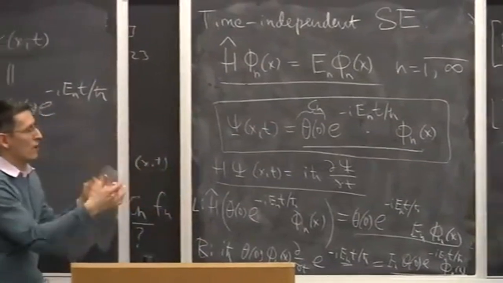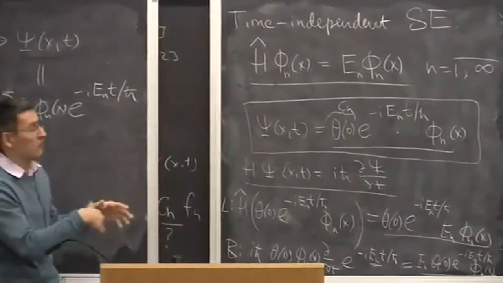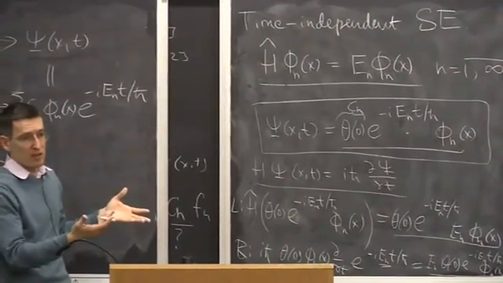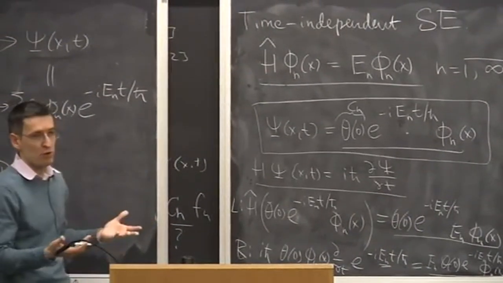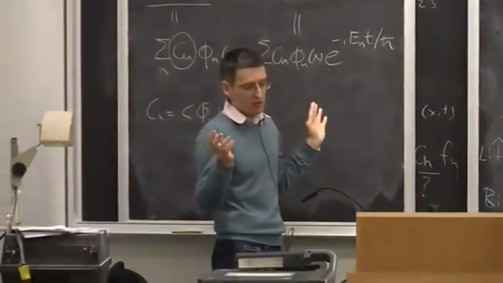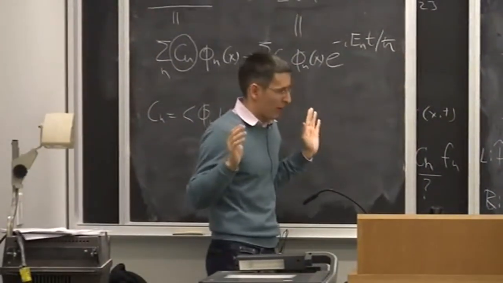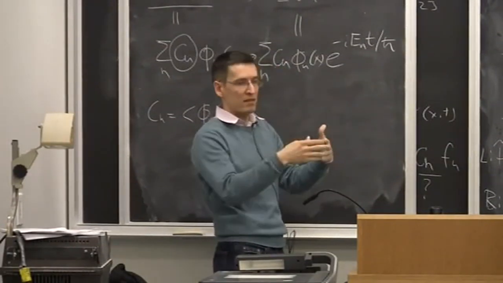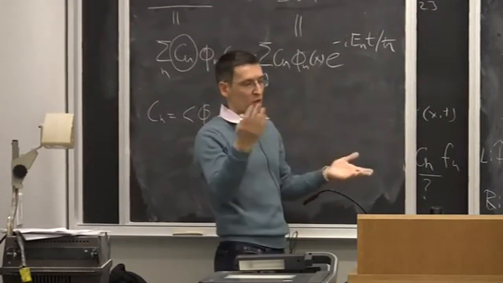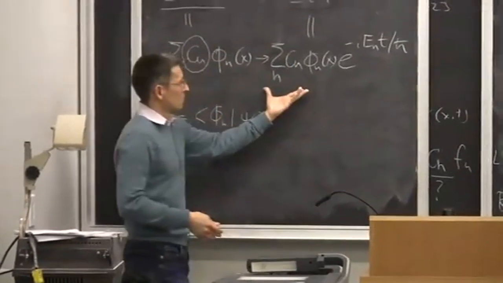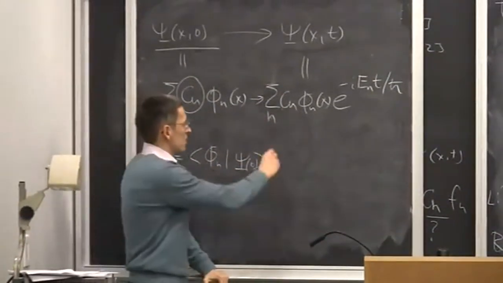So you can add waves together with arbitrary coefficients and you will still get a solution of the time-dependent Schrödinger equation. That's the beauty of it. And that's what makes the double slit experiment work, because you have waves going from two slits and they just add together at the end, destructively or constructively, and that's the total solution, which is presented with this sum.